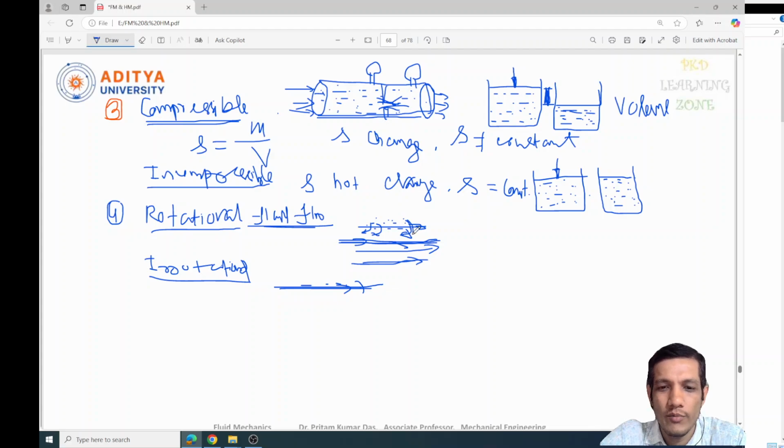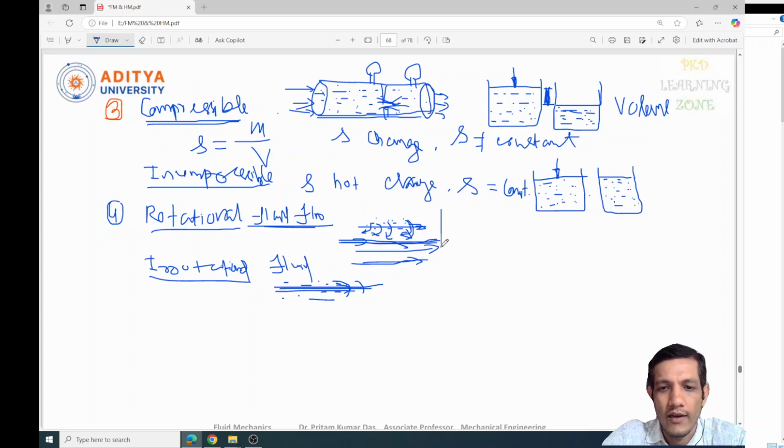Here in the rotational case it is possible to rotate along the axis, but in this case the particles are not able to rotate along the axis of this line, or along the streamline of this object. In that case, this is an irrotational fluid flow.